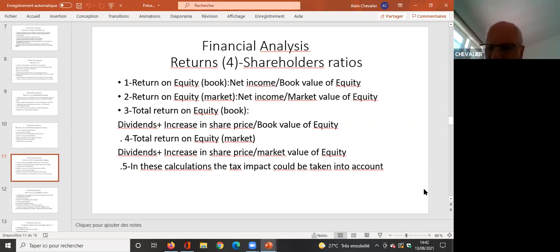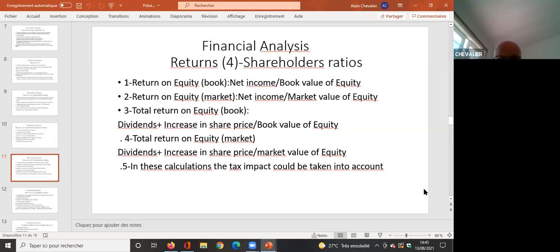So a large part, the majority of individual shareholders, this is what the surveys show, analyze the return on equity with this cash approach. On the contrary, the financial analysts generally use number 1 and number 2, which means the comparison between the net earnings or net income divided by the book value or market value of equity, when they have some knowledge of a market value.